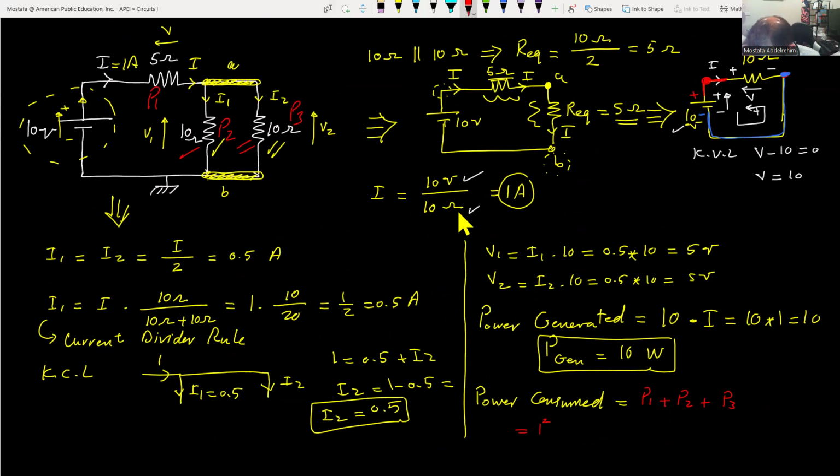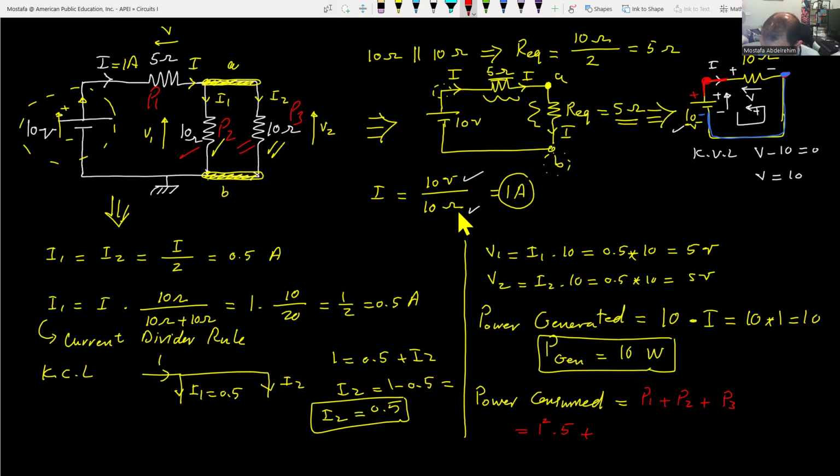So 1 square multiplied by 5, plus, for the 10 ohms and the 10 ohms, these two parallel resistances, you know the voltage, you know the current, you know the resistance, so you can apply whatever you like. I'm going to apply I square R as well.